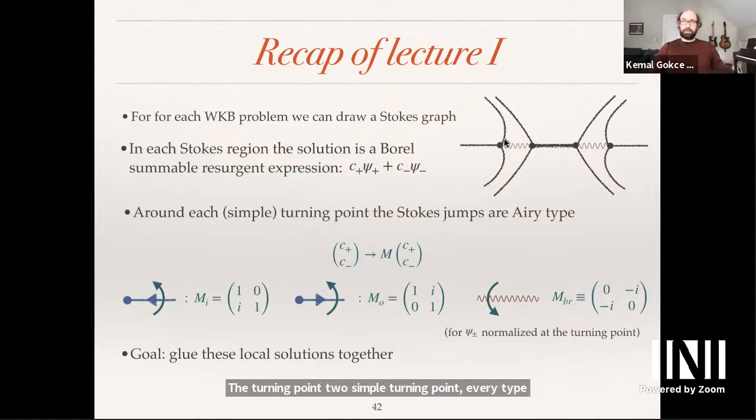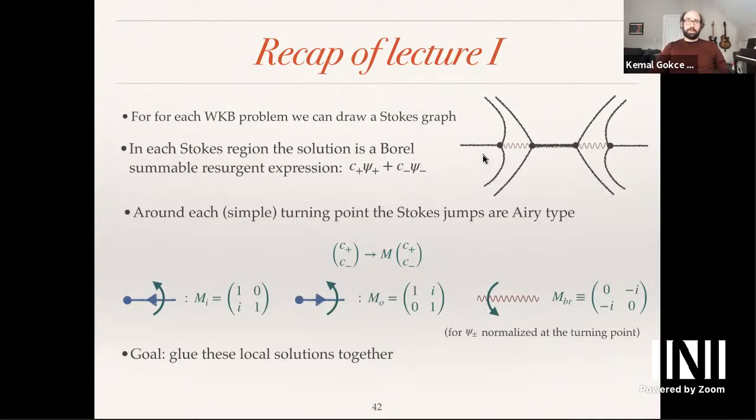There are three Stokes lines emerging from the turning point and then a branch cut.